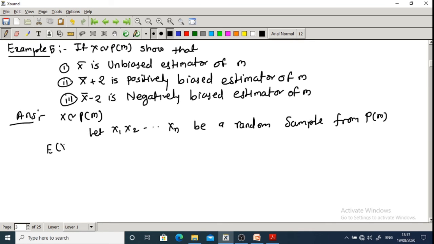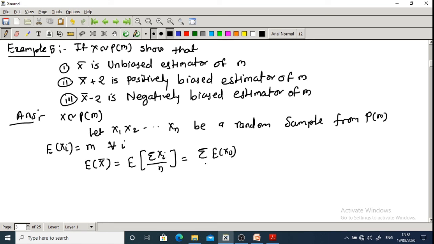expected value of xi is equal to m for all i, correct? So if you consider expected value of x bar, which is equal to expectation of summation of xi upon n, which is equal to, we can take expectation inside, summation of expectation of xi upon n.